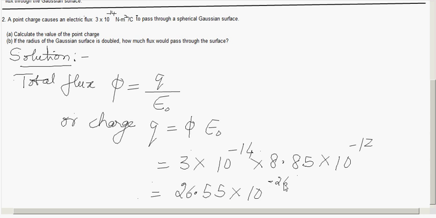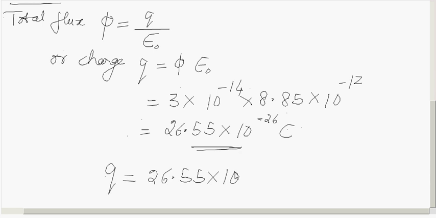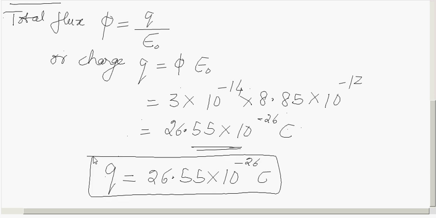So the charge enclosed by the surface is 26.55 into 10 to the power minus 26 coulomb. This is the answer for question A.